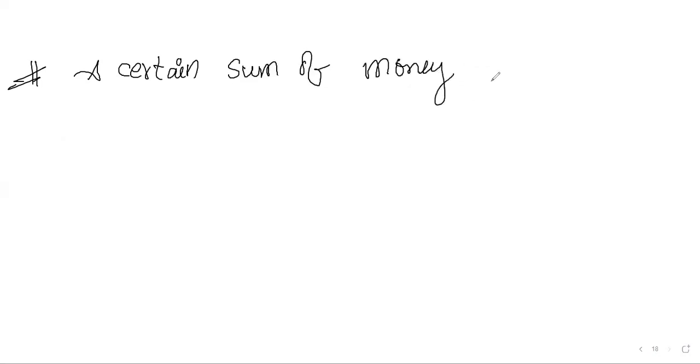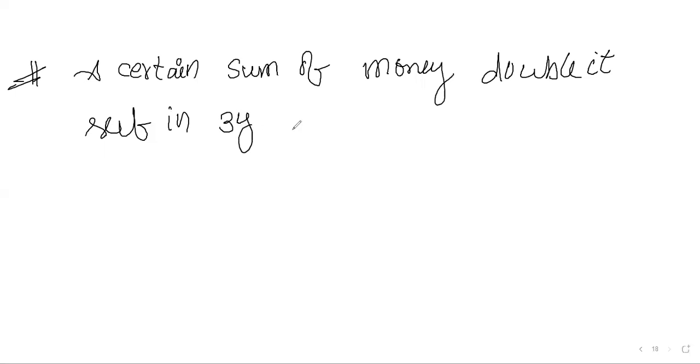A certain sum of money doubles itself in 3 years for compound interest. Then in how many years will it become 16 times?